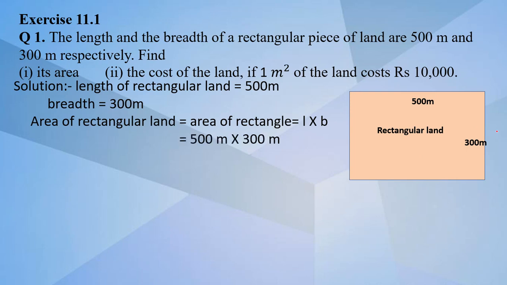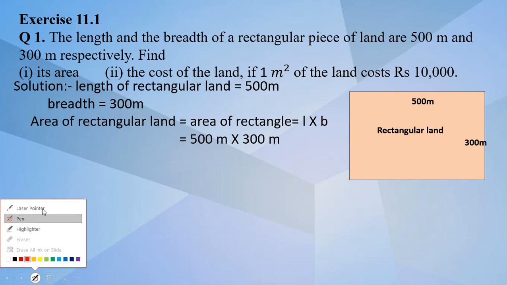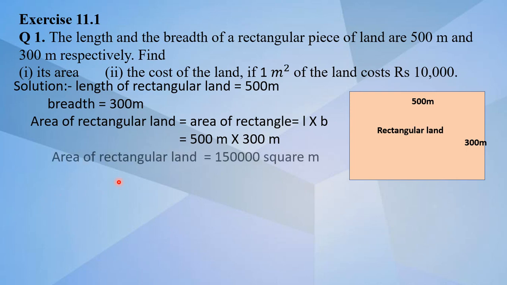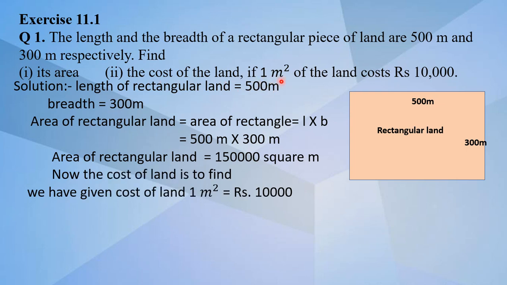Now here this meter we are multiplying 2 times, so it will become square meter. So the area of the rectangular land we are getting is 1,50,000 square meter.